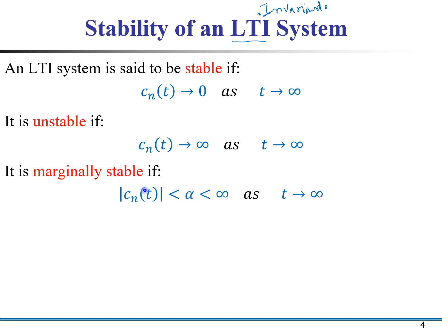So here we say that this alpha is the absolute value of c_n(t), where the absolute value of c_n(t) will converge. This means alpha belongs to R plus.